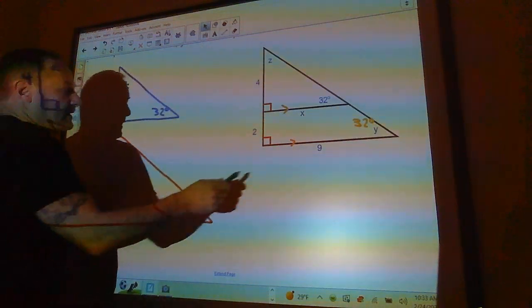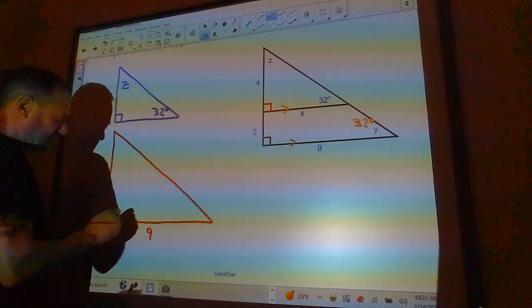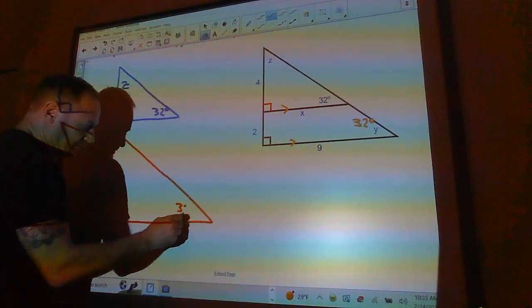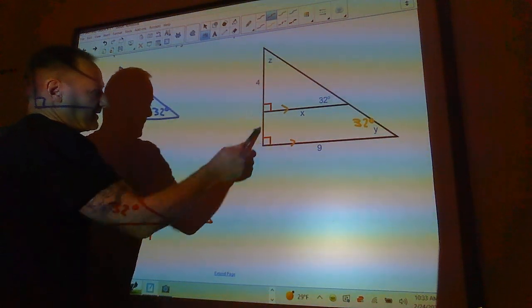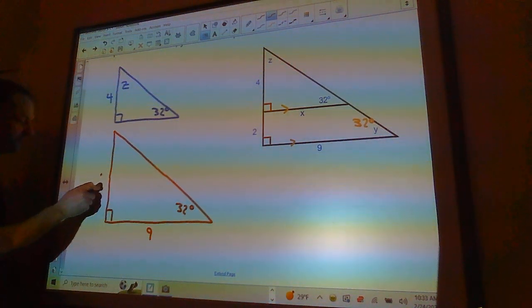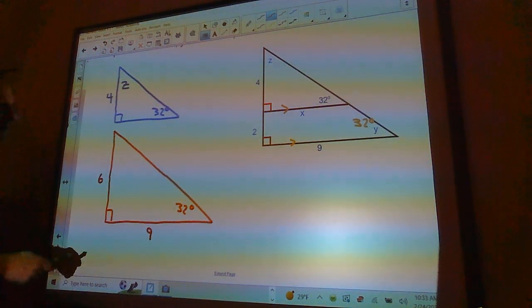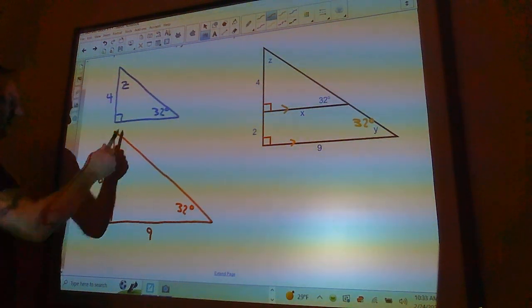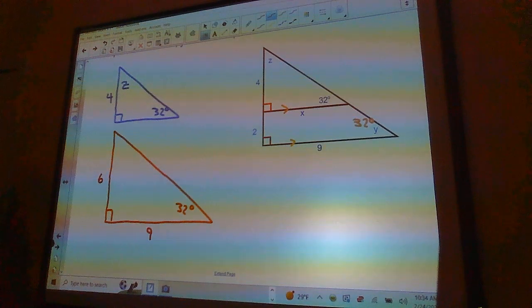Okay, now this side is 9. This is 90. This is 32. And this side right here, here's where a lot of people make mistakes. This side right here is 6. Now, I know that these two are equal to those two, so that makes these triangles similar.